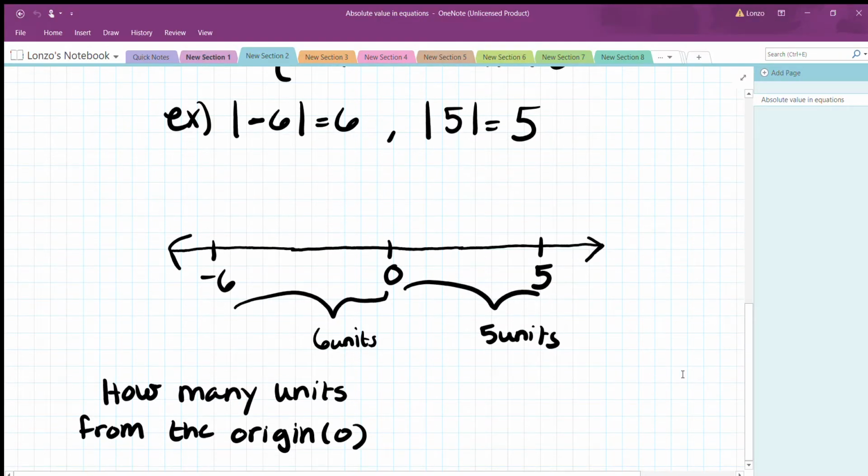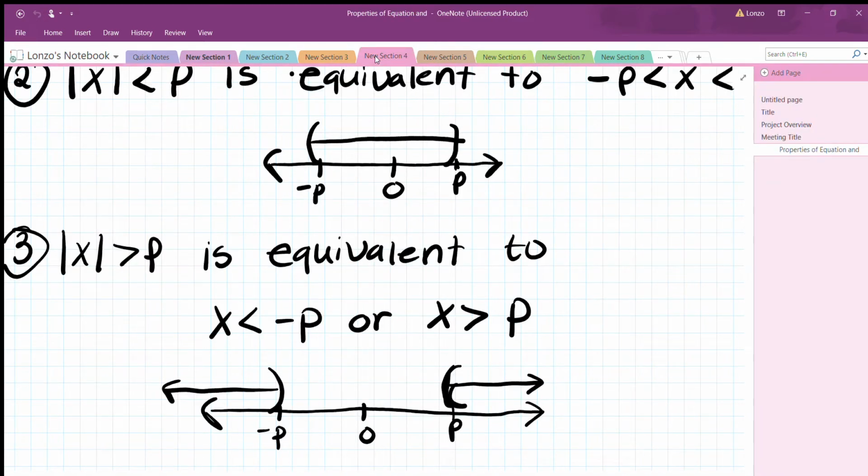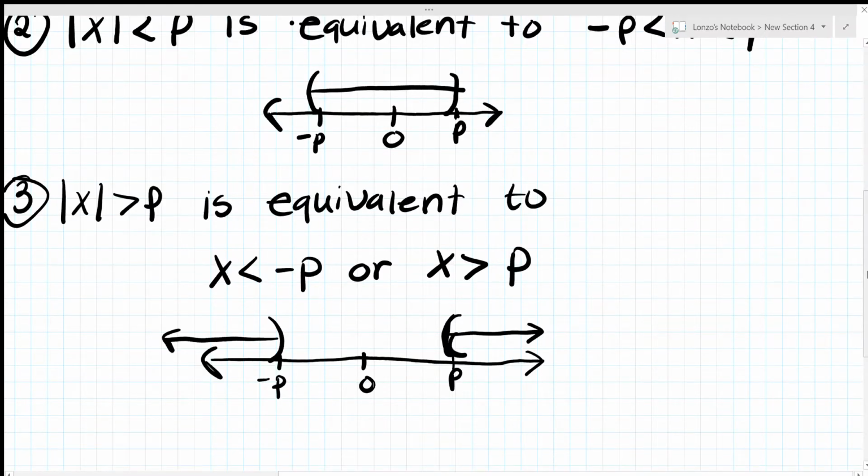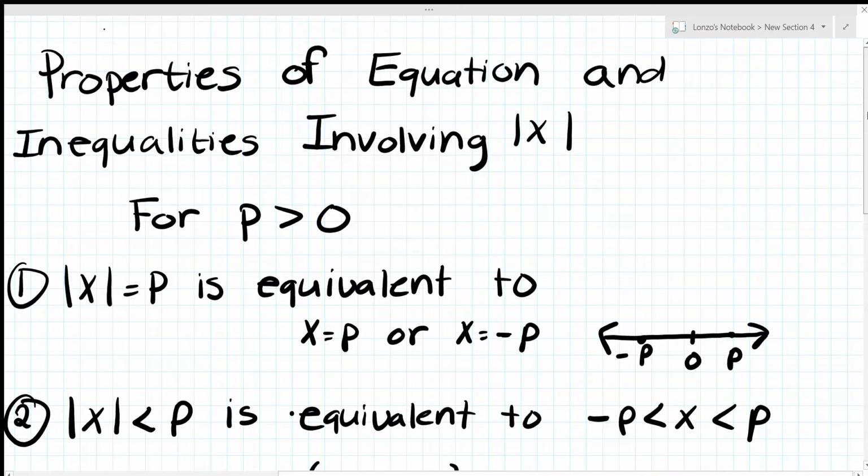Now there are special rules for absolute values. So let's go over some of these rules. The properties of equations and inequalities involving absolute value, for when p is greater than 0. The first rule is: the absolute value of x equals p is equivalent to x equals p or x equals negative p.